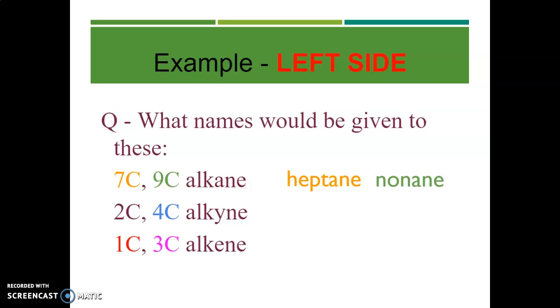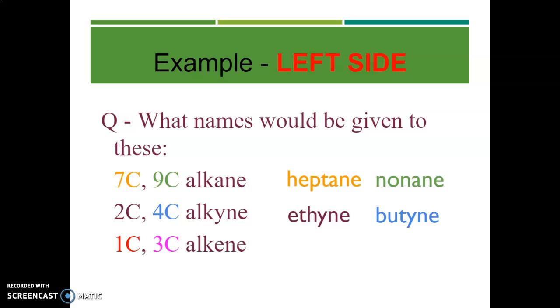So the prefix for 2 is not di, but eth, so ethyne should be your name there. All right, and then the 4-carbon alkyne, but, so butyne. All right, again, hopefully you guys got that one correct.